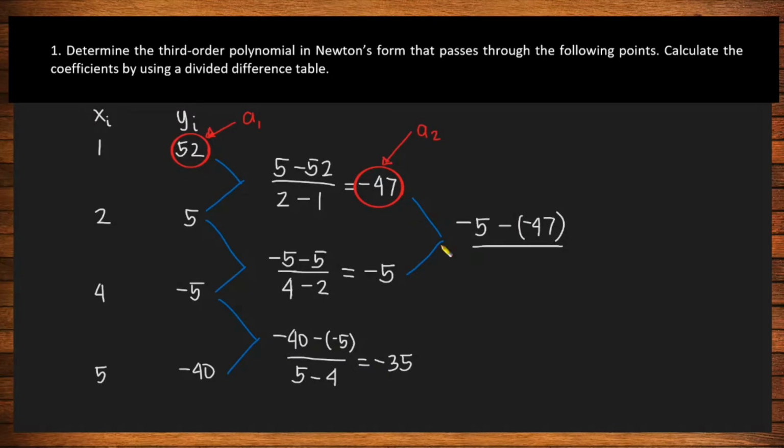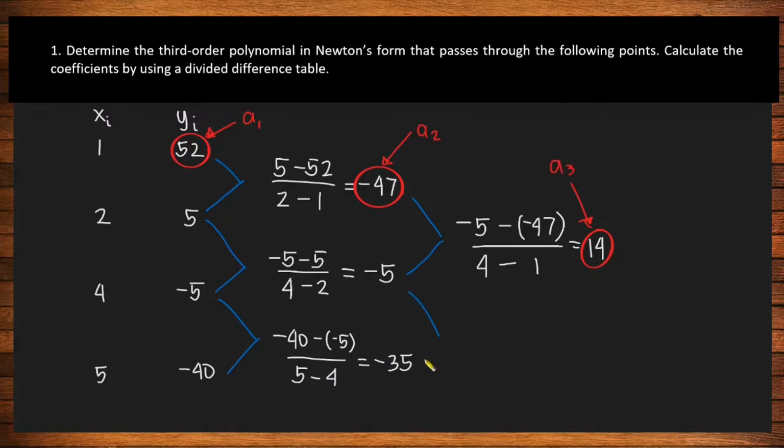Yung gagawin nyo lang is iti-trace nyo lang. Okay? So, hanggang makarating kayo doon sa first column nyo. So, in this case, we will have 4 and then minus 1. Okay. So, yun yung denominator natin. And now, this will be equal to 14. So, ngayon, ito yung magiging value ng third coefficient a sub 3 natin.